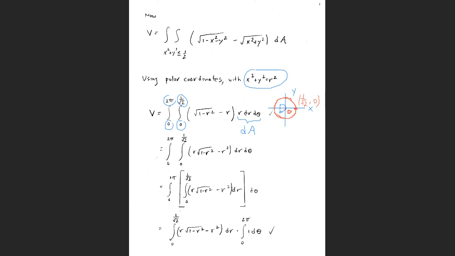And of course, my functions will become square root of 1 minus r squared, and then just r, because the square root of x squared plus y squared is the square root of r squared, right? And that just equals r.